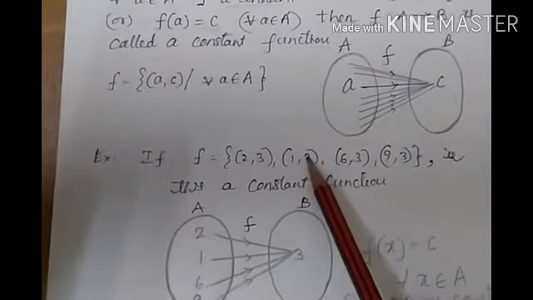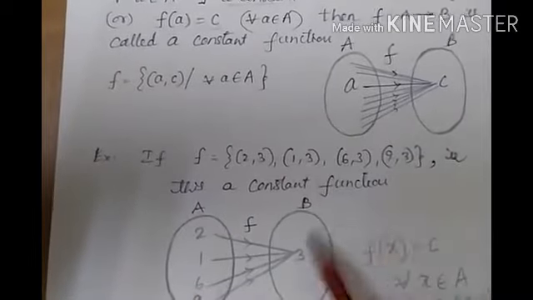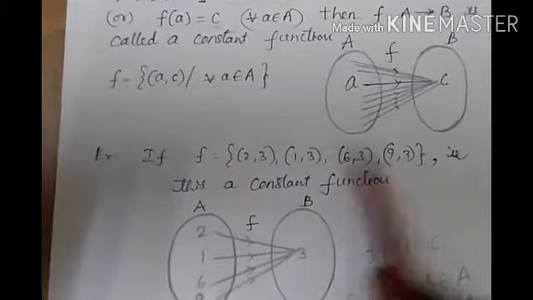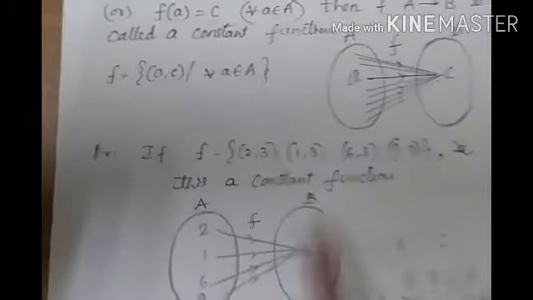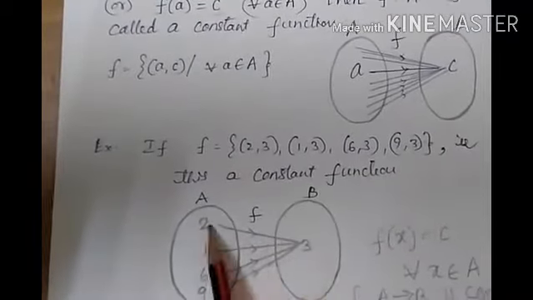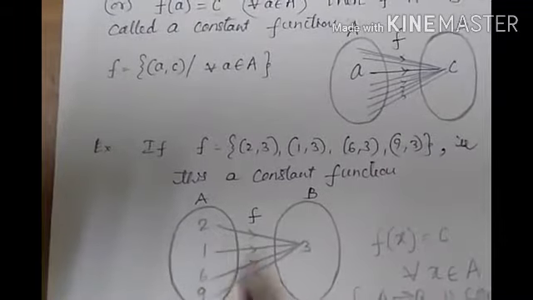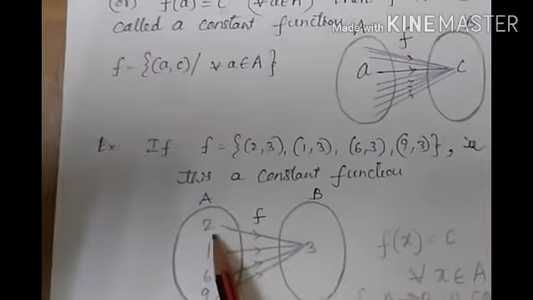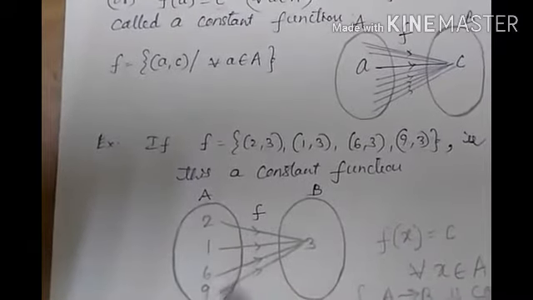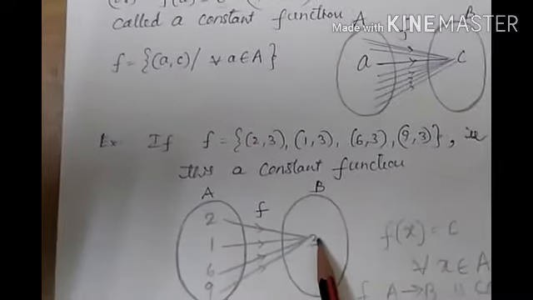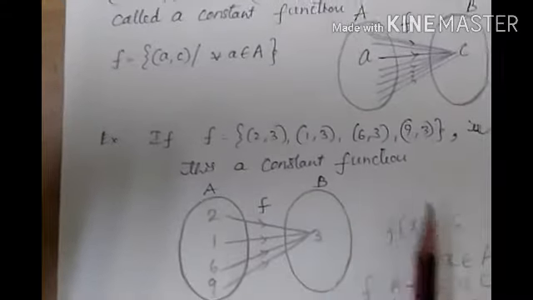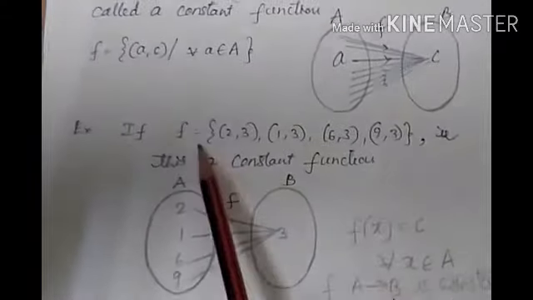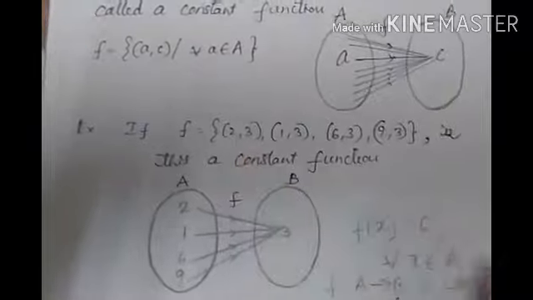Here the second element is only 3, the same number 3. So all inputs of the domain have only one output. All values of A are mapped to only one element in the codomain. So this is called a constant function. The given function is a constant function.